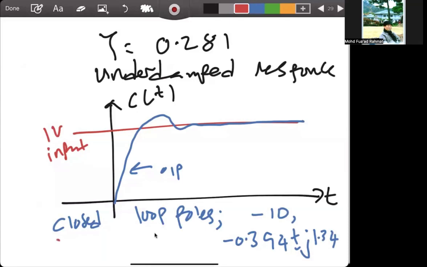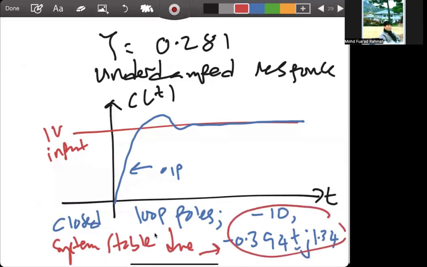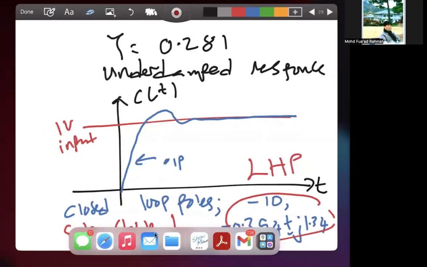So the system is stable, due to all poles being located at the left of the s-plane.